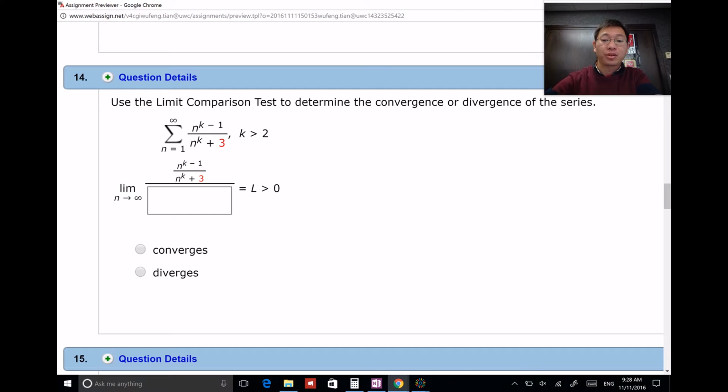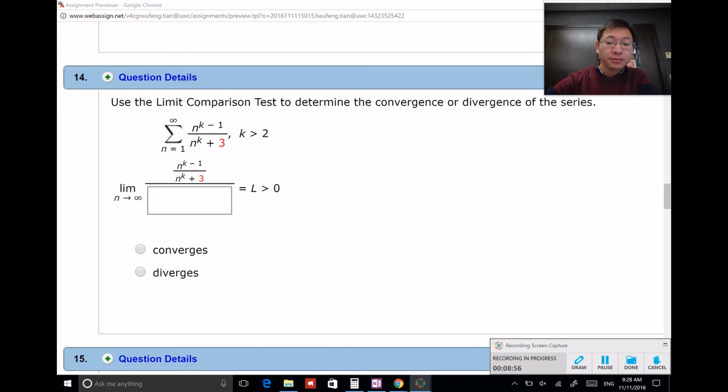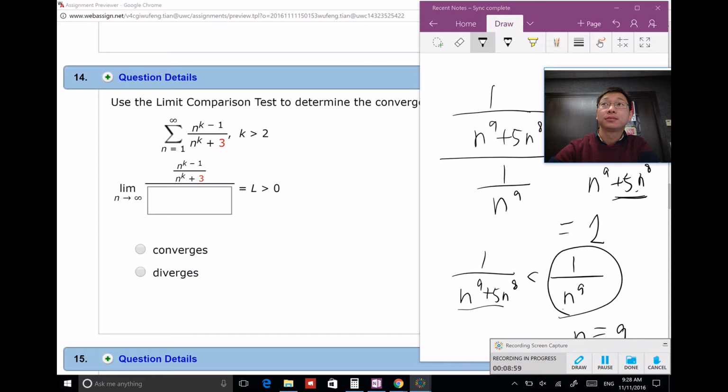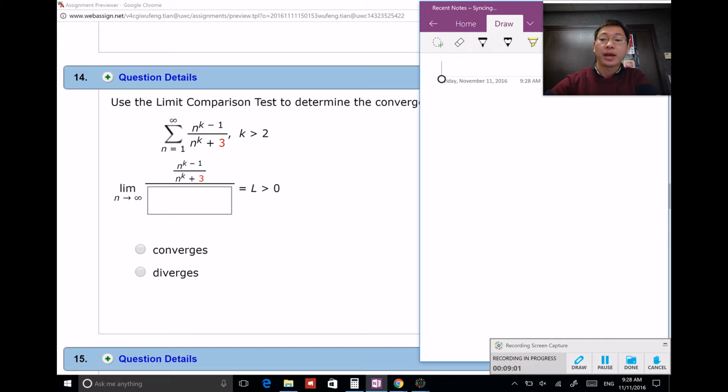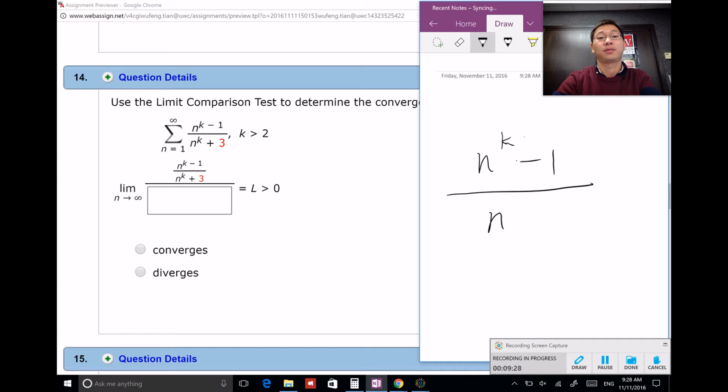Okay. You compare this. Wait, my bad. Is the power n minus 1, or is the minus 1 in the whole thing? Can anyone tell me? Is it a power k minus 1, or is it the bottom k minus 1? I think it's on the power, right?